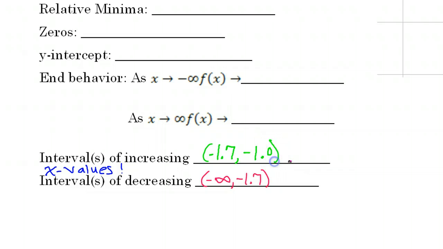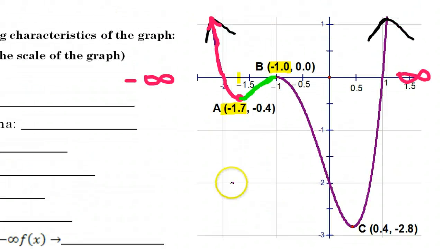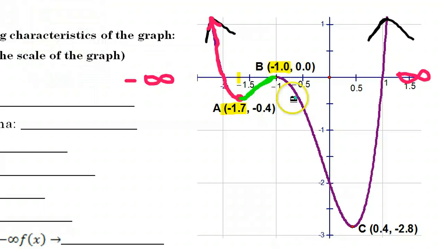Maybe I'll put negative 1.0 just for fun. Okay, let's see what happens next in our journey. Alright, well, it looks like we're about to take another big drop downhill. So, once again, this is a decreasing interval.